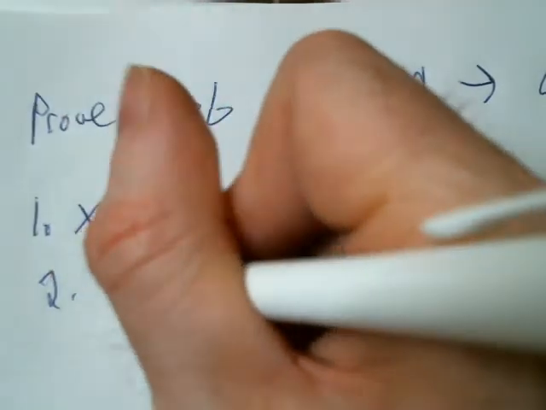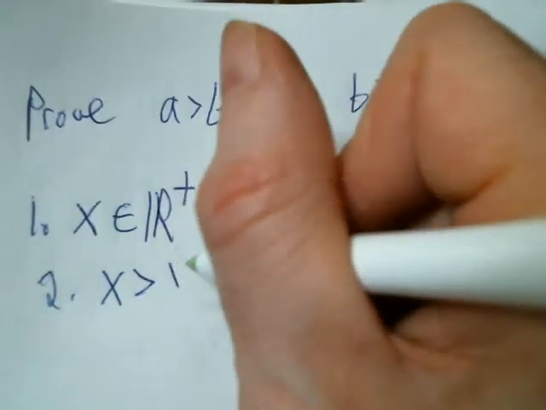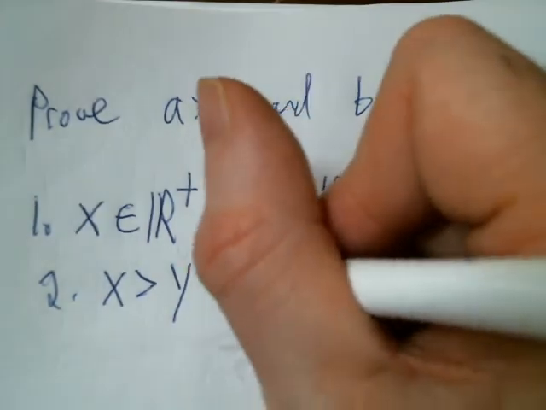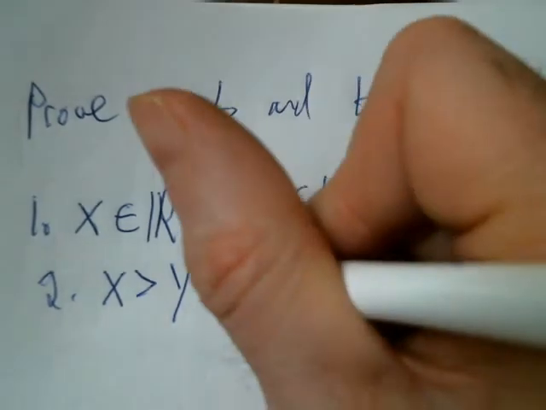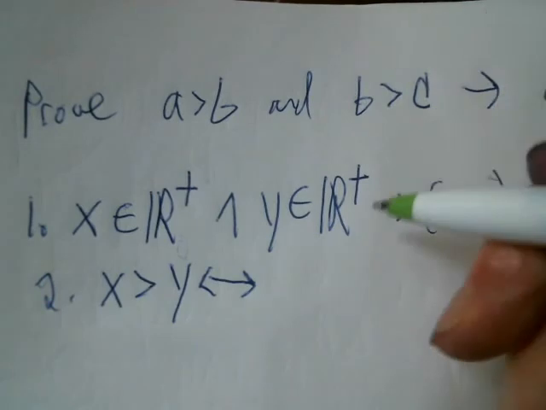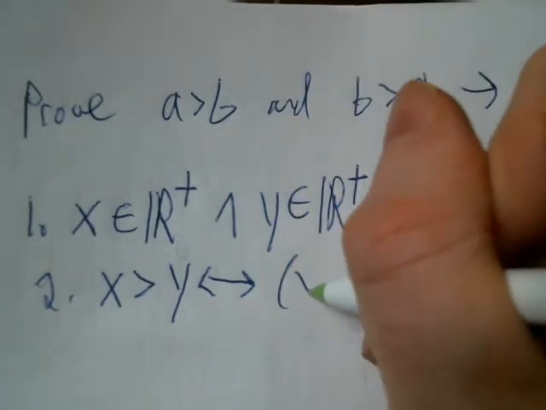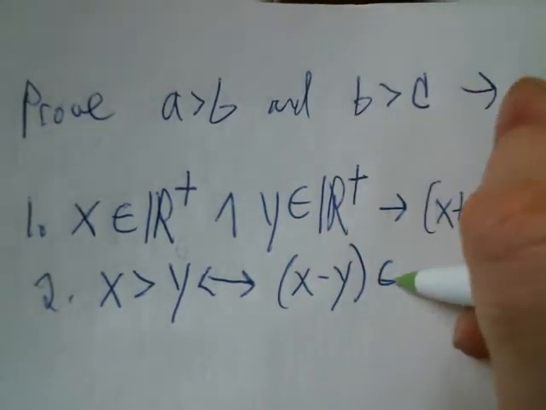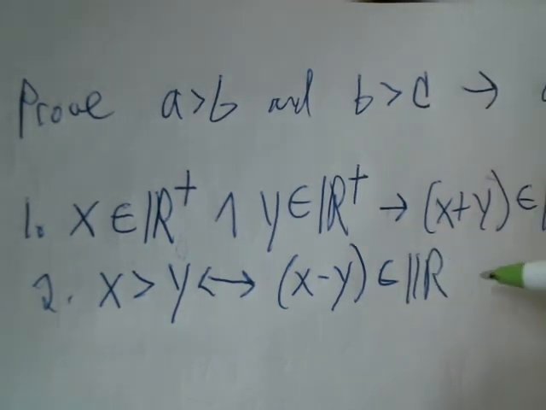Our second premise is what this thing really means, this x greater than y. What does that mean? If you have x greater than y, that's equivalent, or if and only if, you have the statement x minus y in the positive real numbers. Okay?